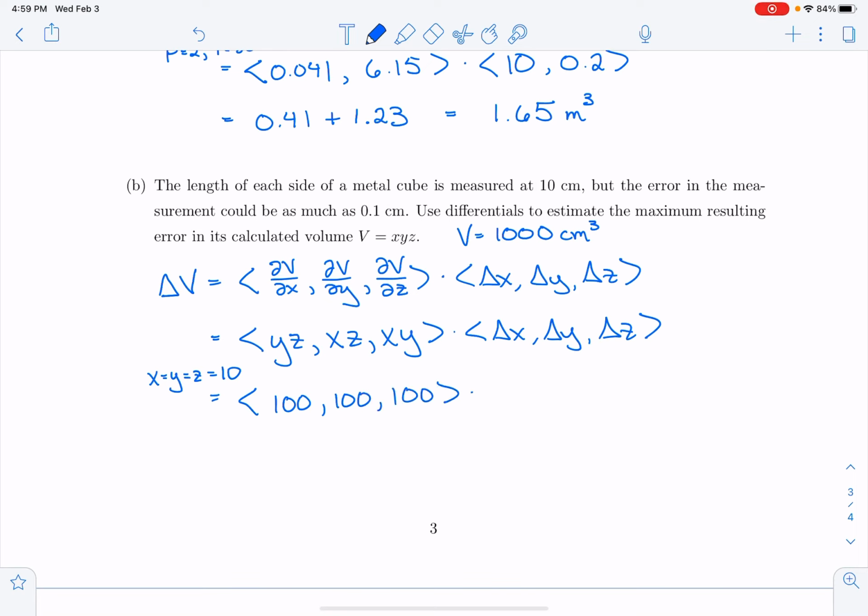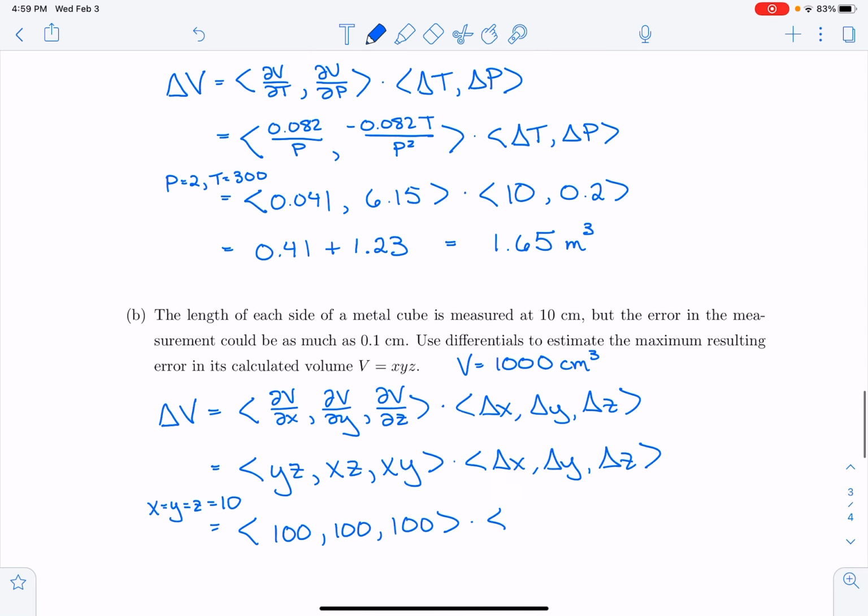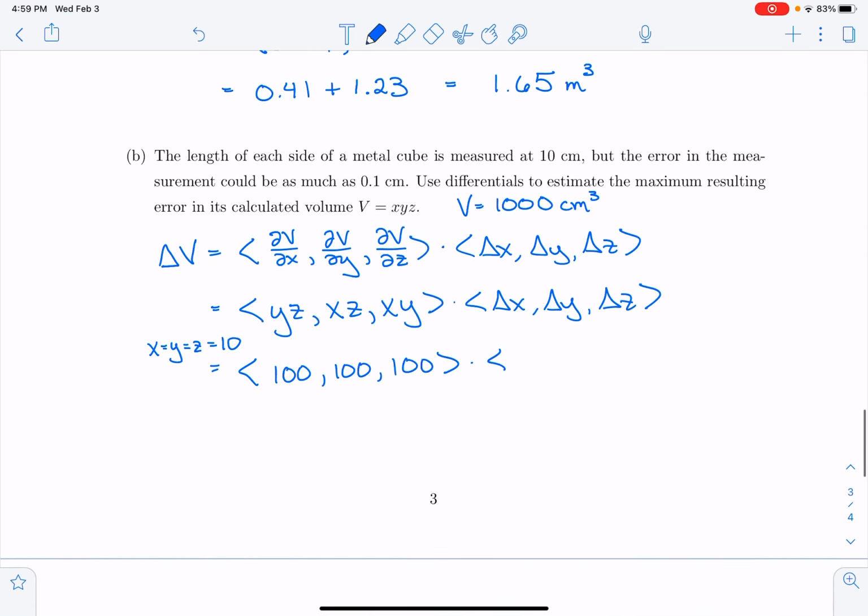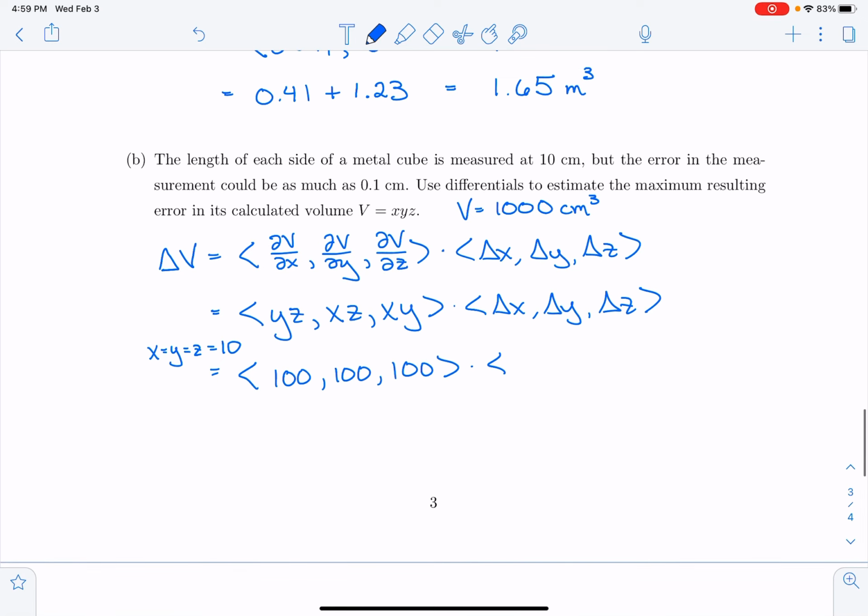And then we're going to dot that with our possible error in the measurement of 0.1 centimeters. So 0.1, 0.1, 0.1. When we do that dot product, we're going to get 10 plus 10 plus 10.